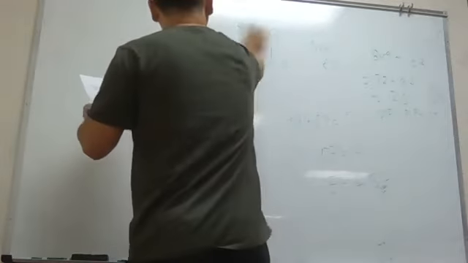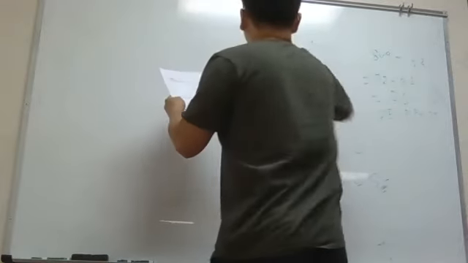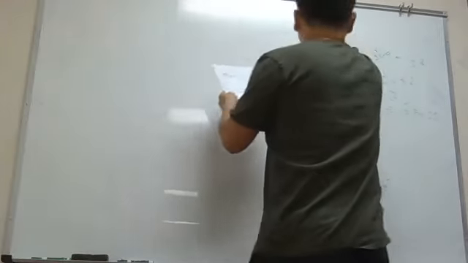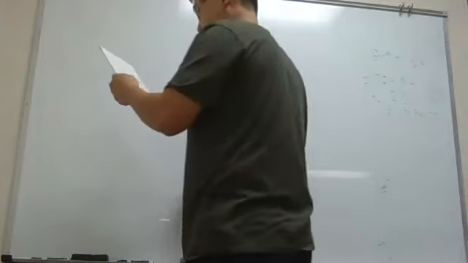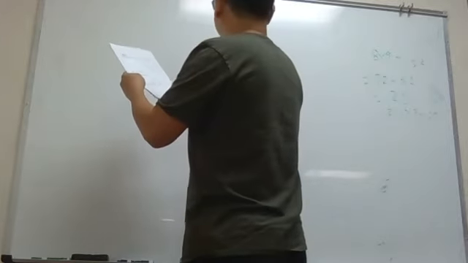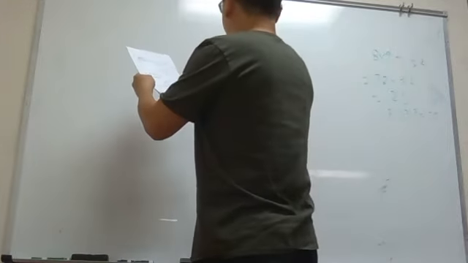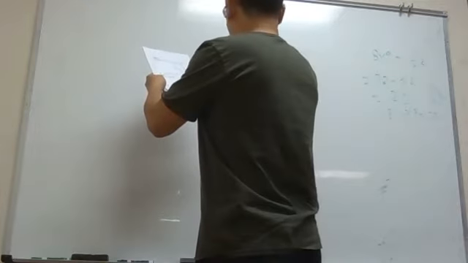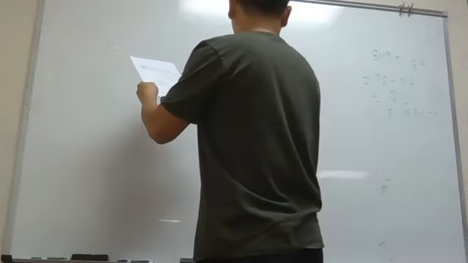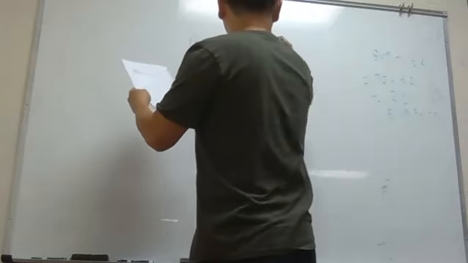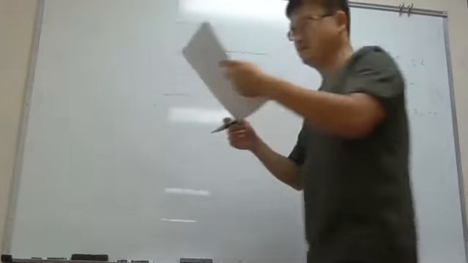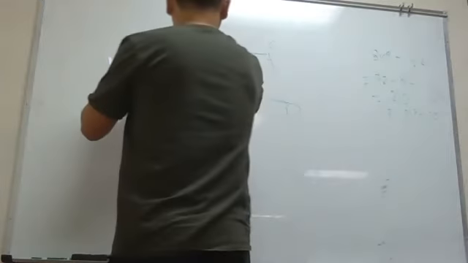We have a trapezoid ABCD that looks like this. You're given some of these lengths.